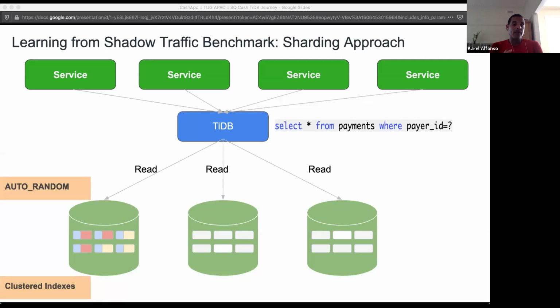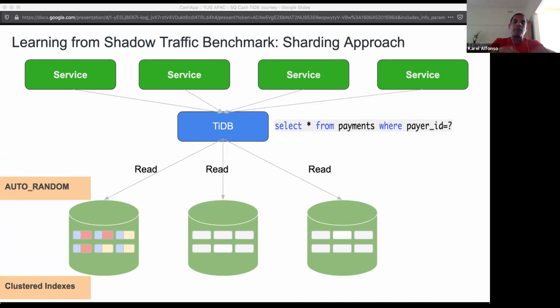And in that way, if the index is clustered, we can have a situation on the write path where most of the rows for a given customer are in the same shard or the same region. I'm loosely representing a shard here as a single database, but in one single TiDB node you're going to have multiple regions, which is the term for a shard in TiDB.